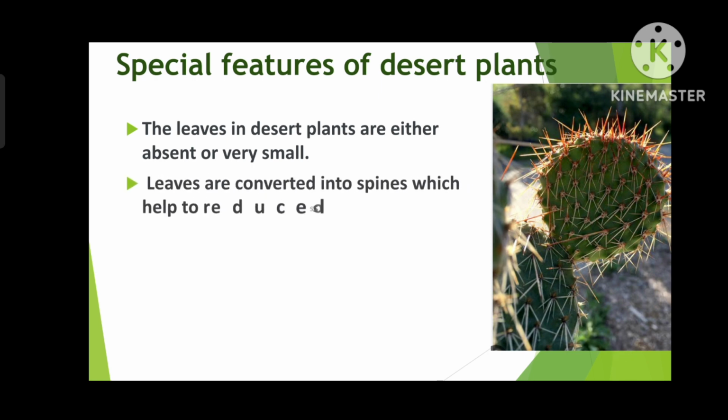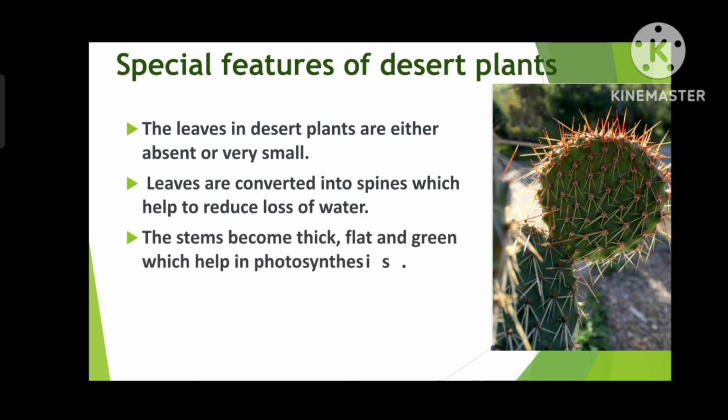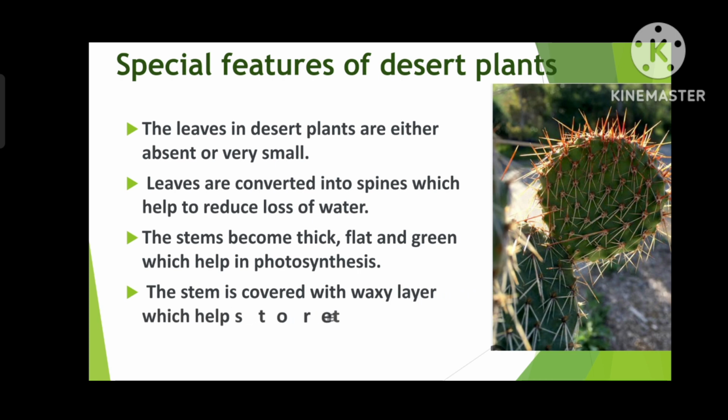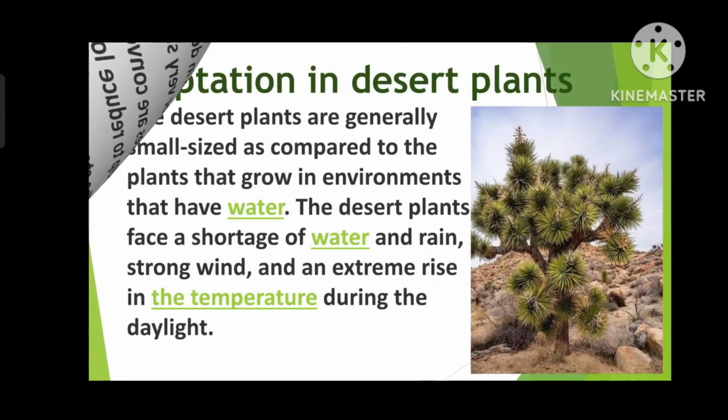Leaves are converted into spines, which help to reduce loss of water. The stem becomes thick, flat and green, which helps in photosynthesis. The stem is covered with a waxy layer, which helps to retain water. These special features are found in desert plants.